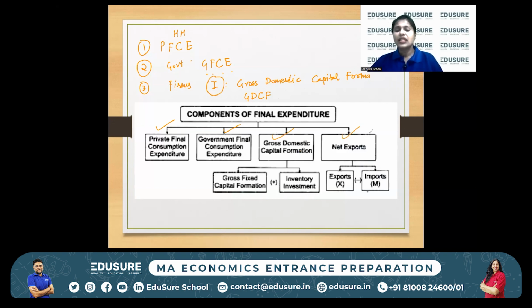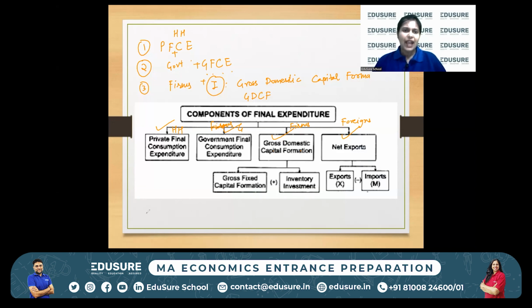And the fourth is exports, which is made to foreigners. So net exports. So the expenditure by households, government expenditure, firms, and foreigners. That's the four entities which make expenses. Okay, so we will add these. Yes, we will add these, and what does it come to?